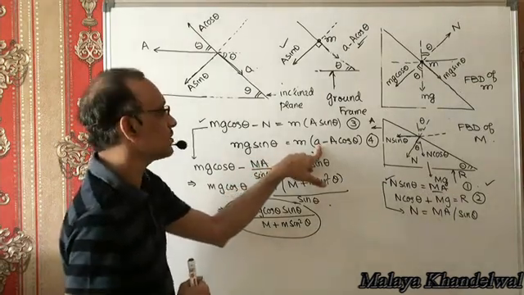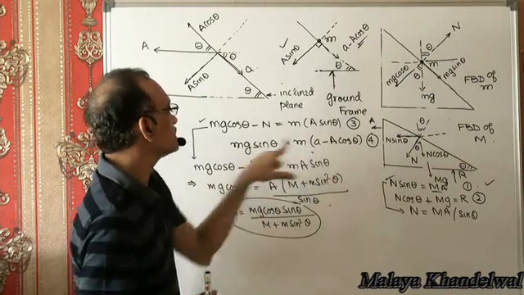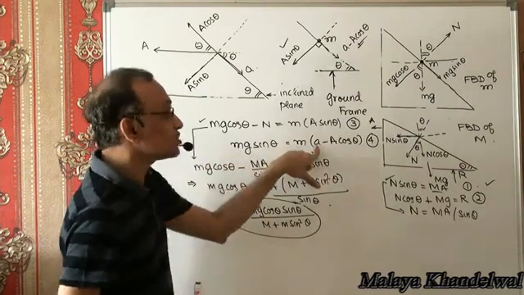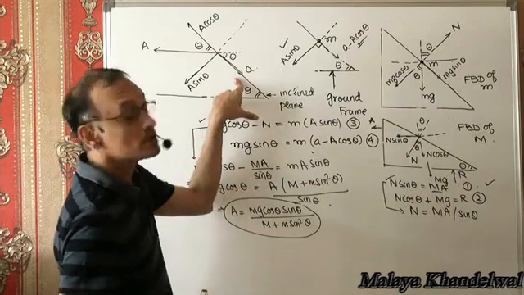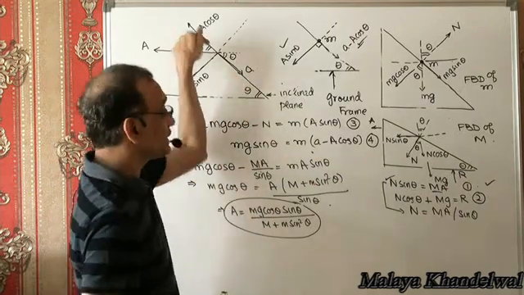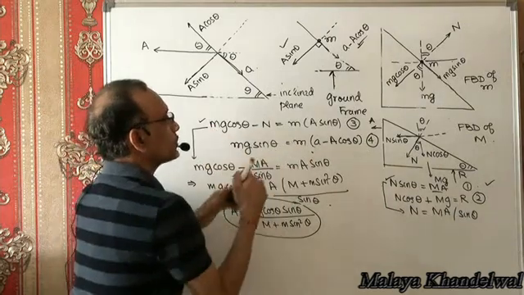I can plug in capital A into this and solve for small a, the relative acceleration of small m in the inclined plane frame of reference. So let me go to equation 4.